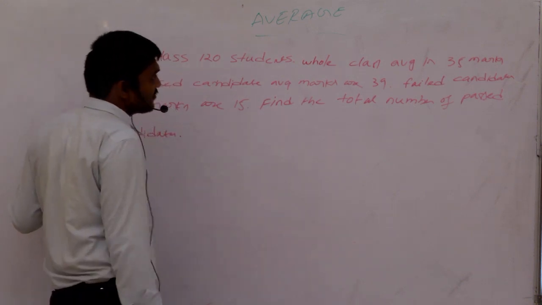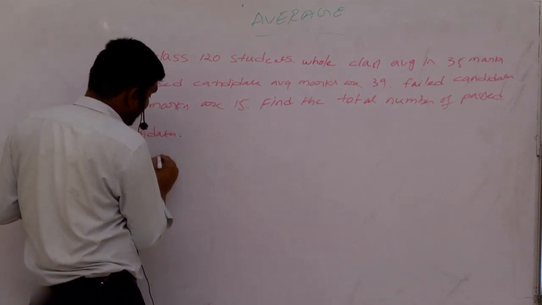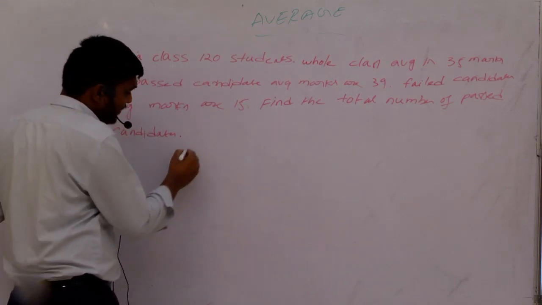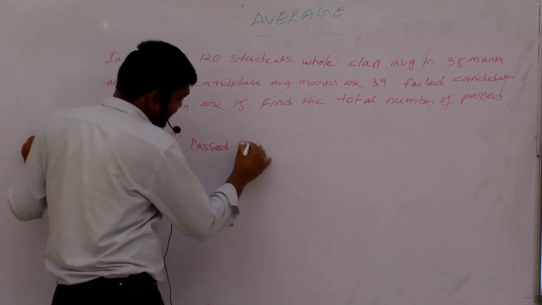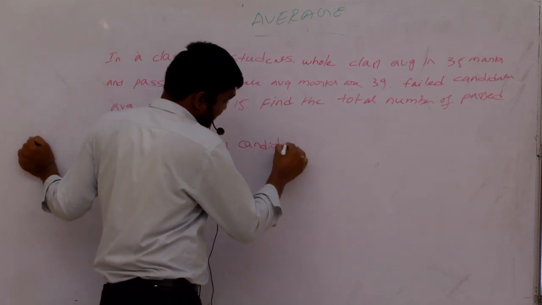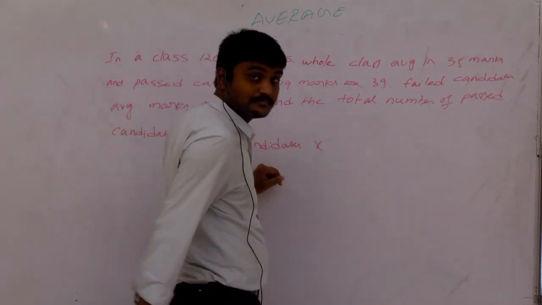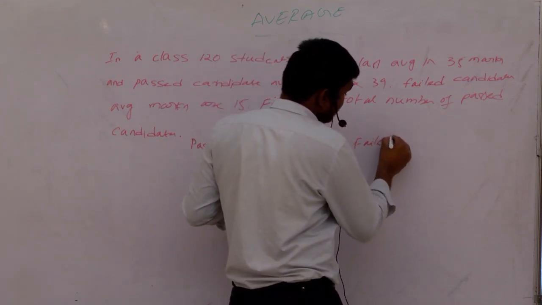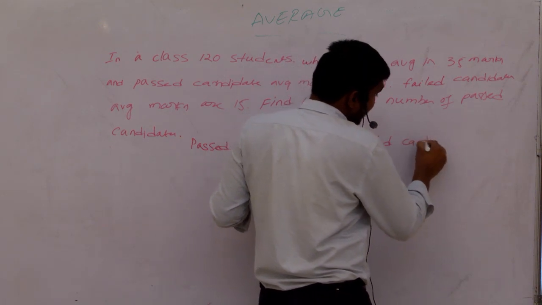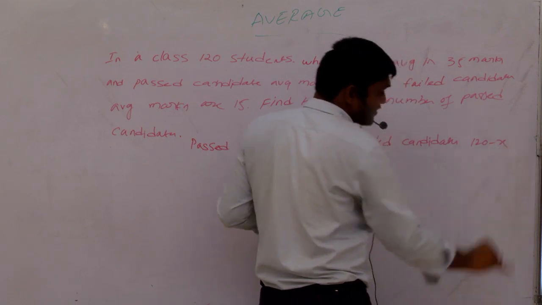So suppose you can take passed candidates as x. So that means failed candidates are 120 minus x.